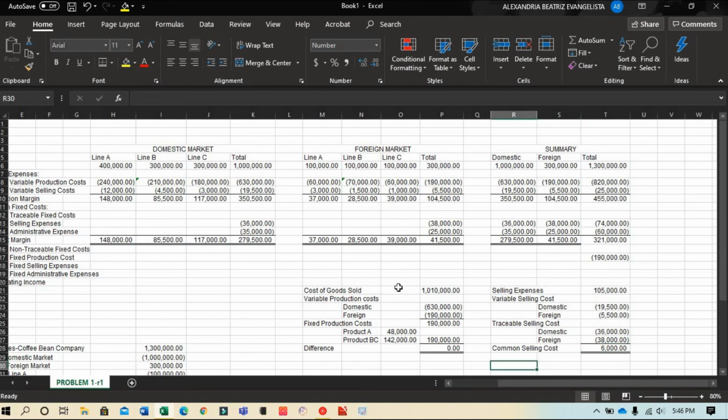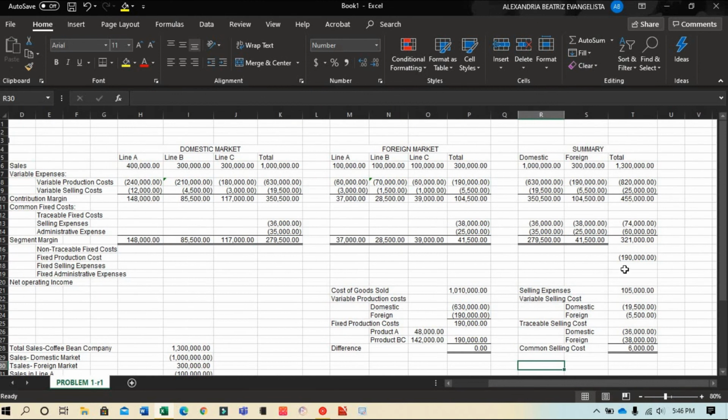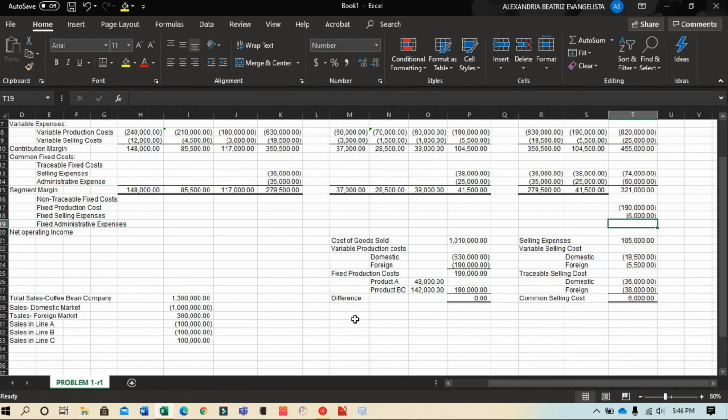So it is 6,000. So we're going to deduct that 6,000 under the total column. And now, lastly, for the fixed administrative, based on the income statement, the administrative expenses is 72,000.